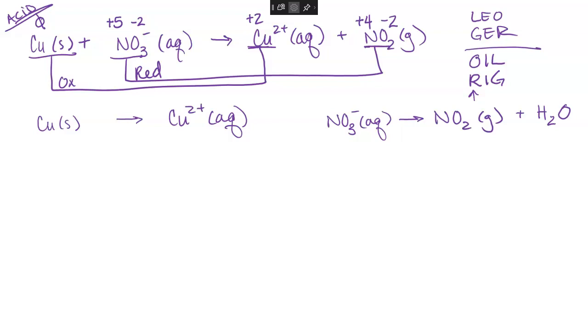Balance hydrogen with what? Hydrogen ions. Ions, not atoms. Just make sure we remember that charge because it comes into play in the next step. So I have hydrogen here. On this side, what am I adding? That makes sense. Good.